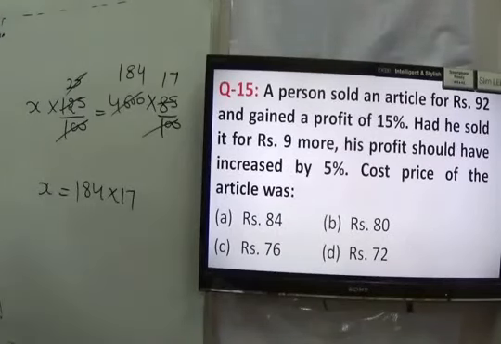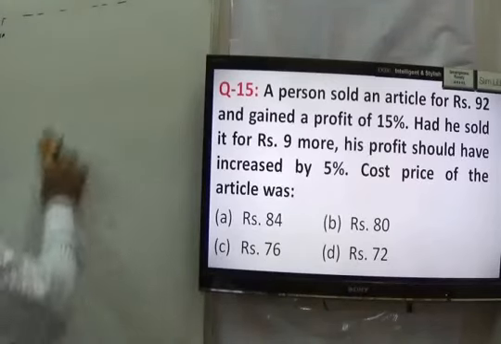Next, you have statement number 15. It is given that a person sold an article for rupees 92 and he gains a profit of 15%. Had he sold it for rupees 9 more, his profit percentage would have increased by 5%. We have to find the cost price of the article.